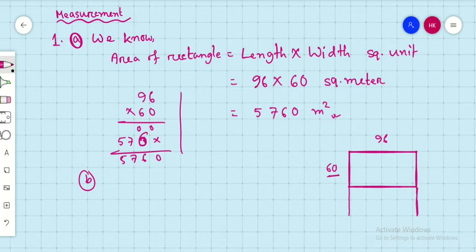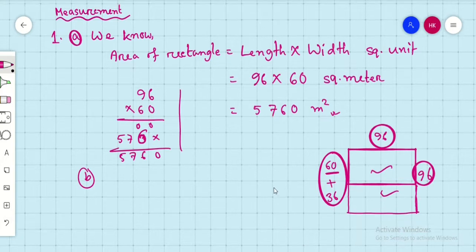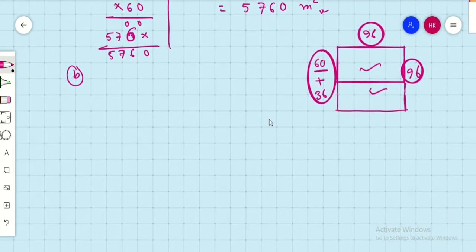This will be a square if the length and width both is 96. So if the width is extra 36 meter long, then it will be a square shape. All right, so the width should be increased by 36 meter. How can we write this?